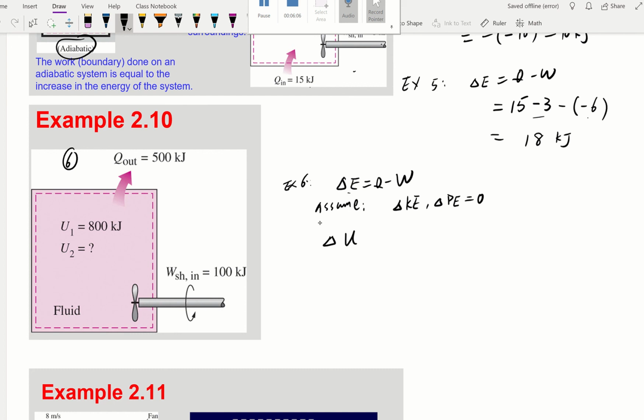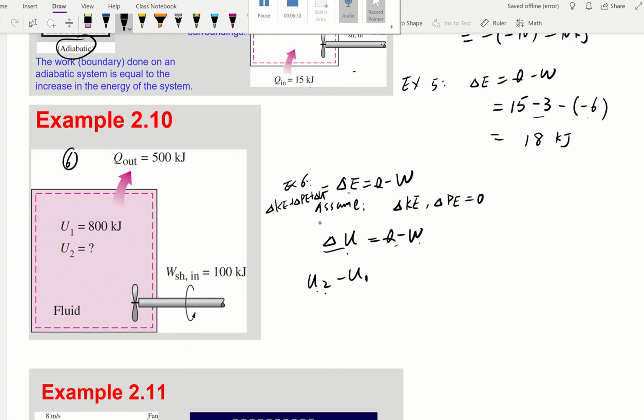Because delta E, as we talked about in the previous video, is delta KE, delta PE, and also delta U, in this situation it will be just delta U. So the heat and the work here contribute to the internal energy change, delta U, only. Then delta means change, which is always final minus initial, U2 minus U1.